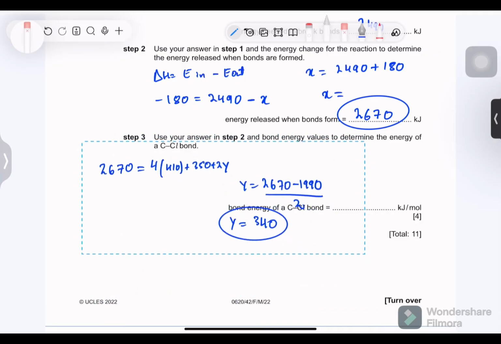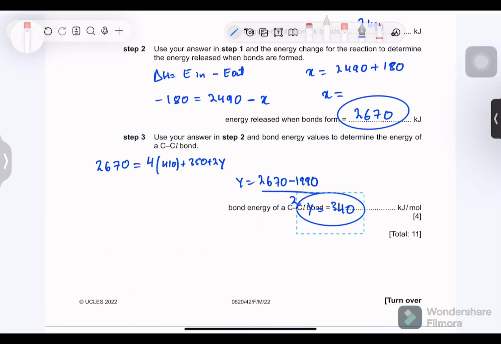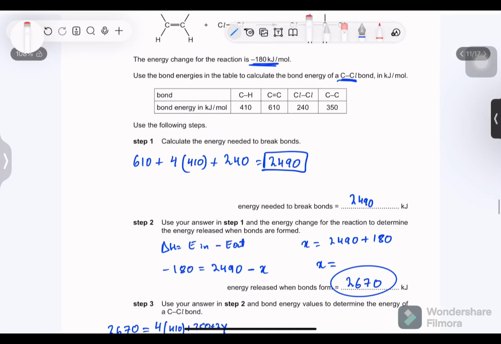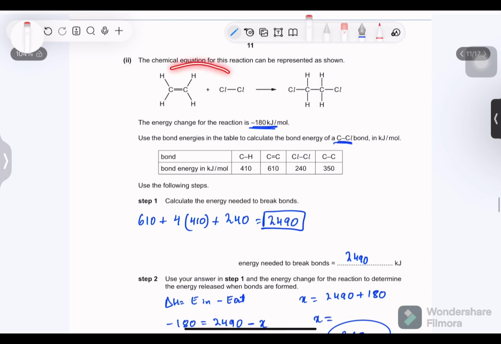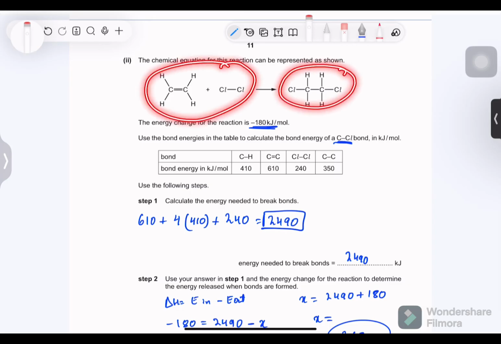Now let's go over it once again. First, they told us to calculate the energy needed to break bonds, which is all the energy on this side, because over here bonds are broken, and over here the bonds are formed. For bond breaking, energy is absorbed, and after the bonds are formed, energy is released.